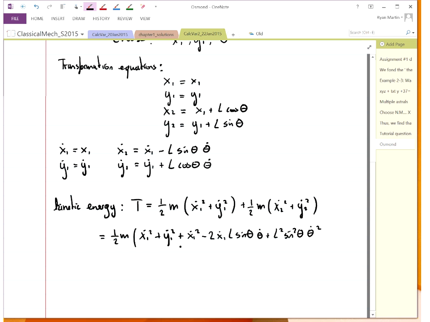And then plus y2 dot squared, same thing, I get plus y1 dot squared plus 2 y1 dot L cos theta theta dot plus L squared cos squared theta theta dot squared.